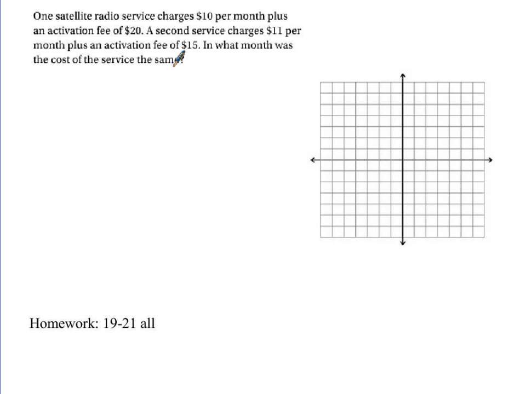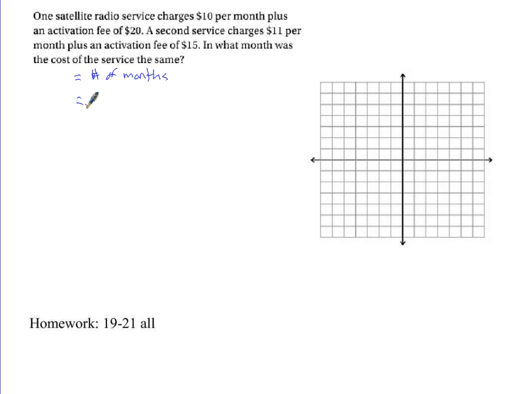Define your variables. Donut sounds delicious, though. So we need to pick a couple letters. We need to decide what's changing here. What's changing? So we're talking about time, which is in what units are time? Months. So number of months.